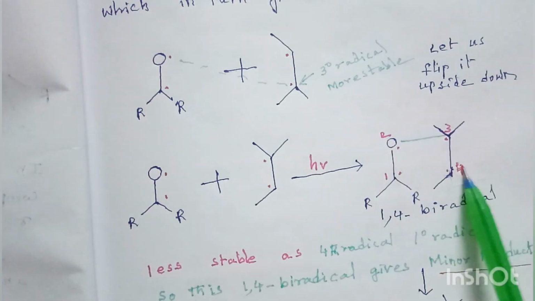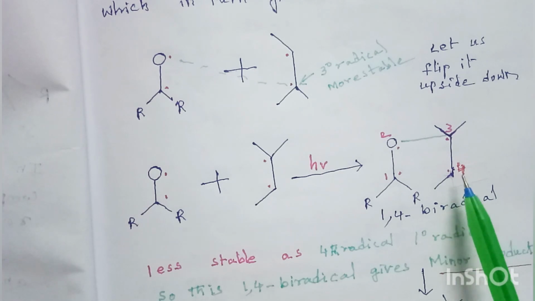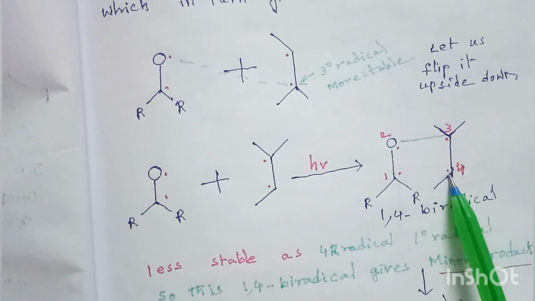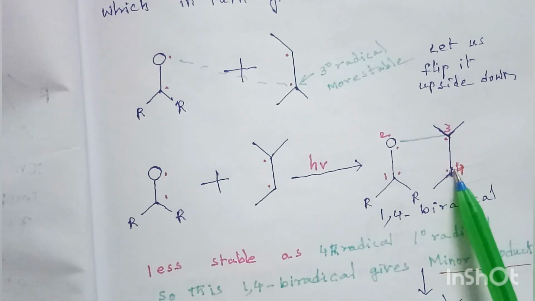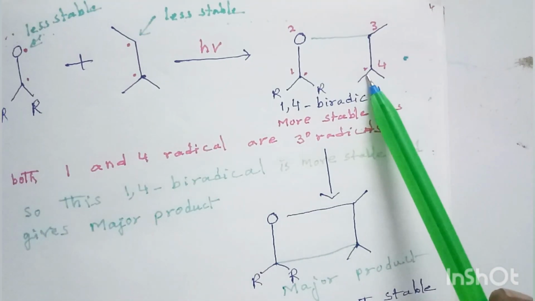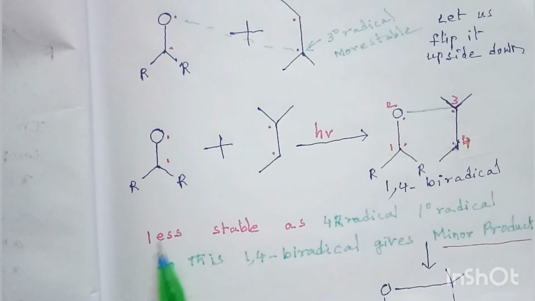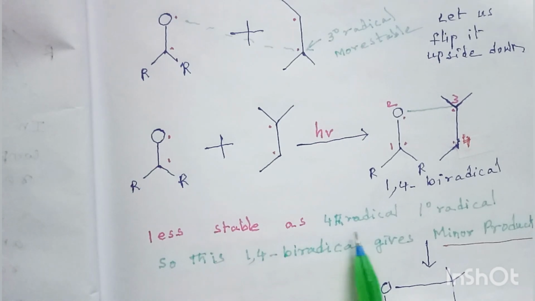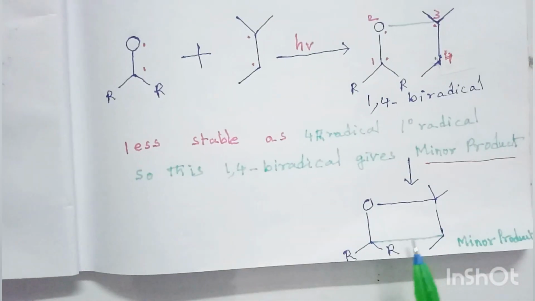1, 2, 3, 4. This is a less stable biradical intermediate, because this fourth radical is a primary radical, whereas in the previous case the fourth radical was also a 3-degree radical, whereas here it is a 1-degree radical. So the less stable fourth radical is primary. So this 1,4 biradical gives the minor product.